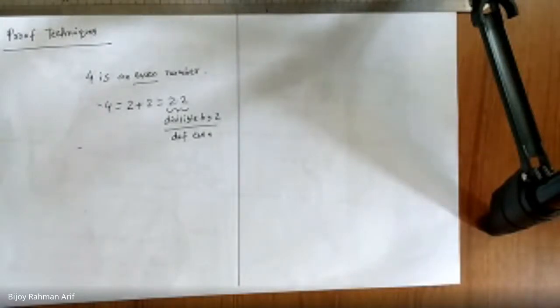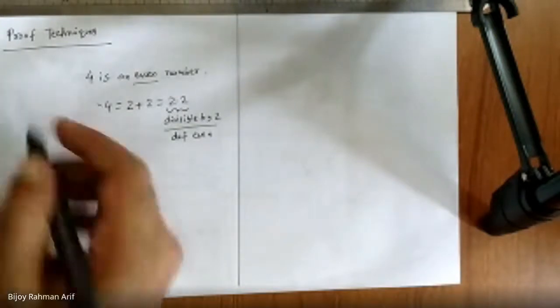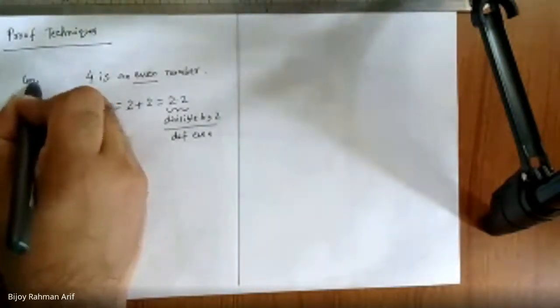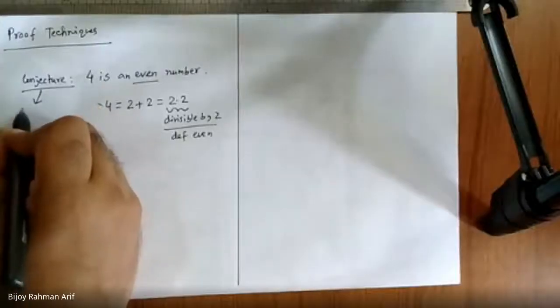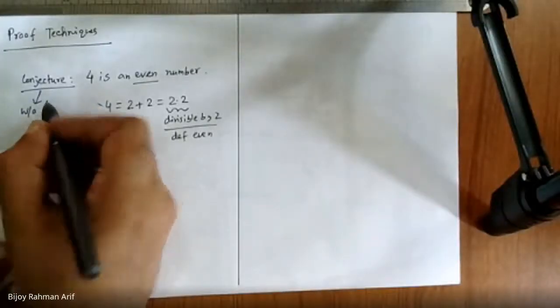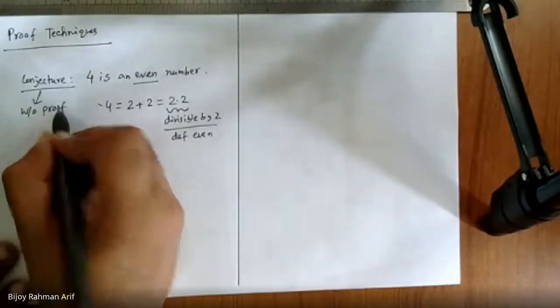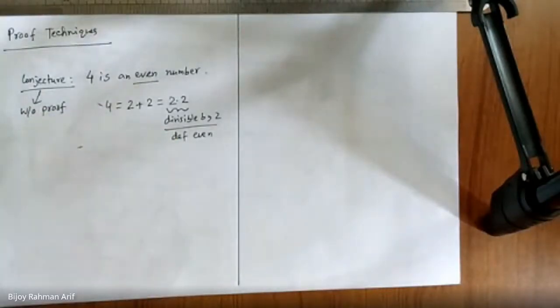Whenever I say 4 is an even number and just assume it is, without proof, that is called a conjecture in mathematics, because you did not verify whether it is true or not.